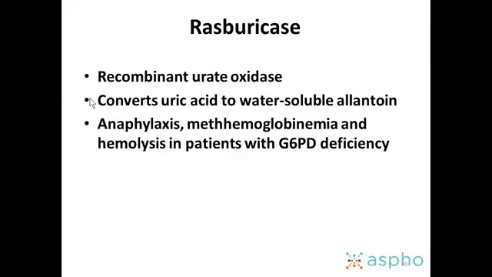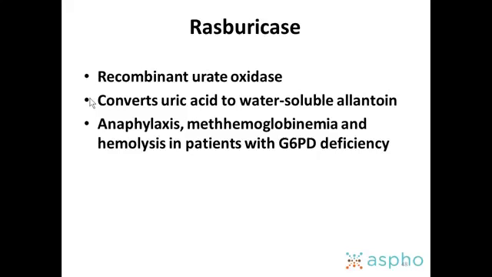Quickly, a few lines about rasburicase. It's recombinant urate oxidase. It converts uric acid to water-soluble allantoin. Allantoin is the way reptiles and birds excrete uric acid. Mammals don't, and so this enzyme is actually an additional enzyme which can be used to degrade uric acid to water-soluble allantoin.